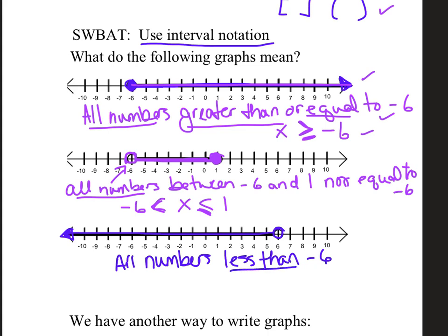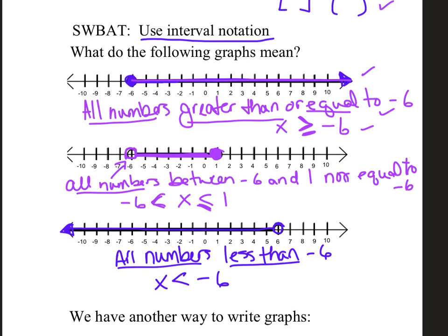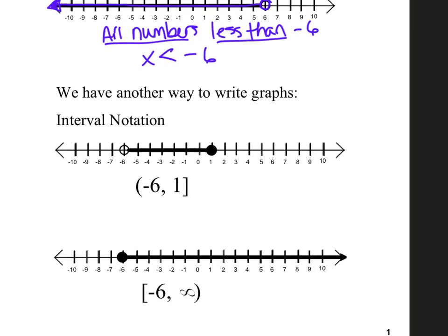All numbers again is x, and this is the symbol for less than. It's not equal to; it's only equal to if the circle is colored in. Please look at the attached worksheet that has what all the symbols mean, laid out for you.